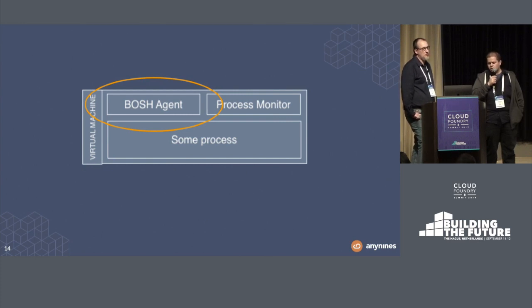It applies the changes by the BOSH director, as I just said, but also it asserts the health of the VM. So if the VM becomes unhealthy for some reason, if some application on the VM runs wild, then the BOSH agent will tell the BOSH director about that, and the BOSH director will then maybe, I don't know, restart the VM or delete it and recreate it entirely.